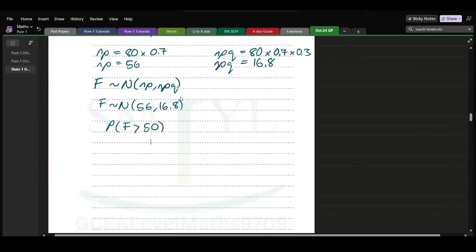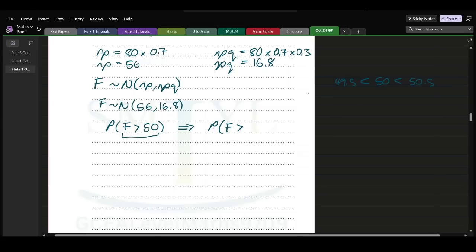So this f greater than 50 was defined under binomial conditions, so we actually have to apply continuity correction. Remember, 50 represents a number between 49.5 and 50.5.